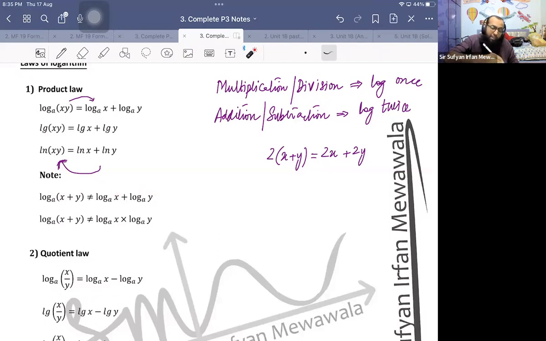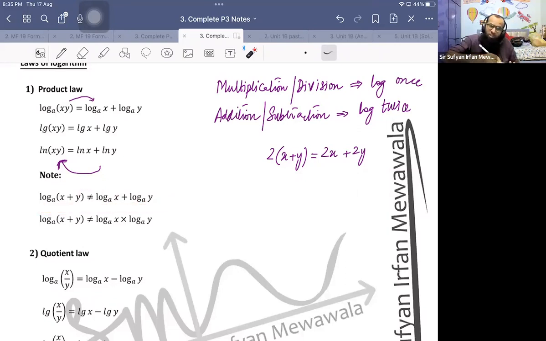So in log, addition on both the sides is not at all possible, because multiplication gets converted to addition, addition gets converted to multiplication, but addition getting converted to addition is not possible. So log with the base of a will not work like normal number 2. So we cannot just simply multiply. So this is common error number 1, and that is why I have written that this is not equal to this. Okay. Then another common problem.